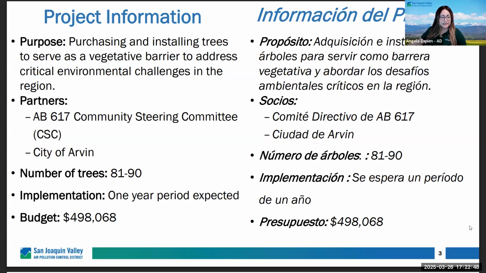They have proposed between 81 to 90 trees. The implementation is projected to be 1 year after awarded, if awarded, and the budget they're looking at is $498,068. Next slide, please, Nancy.